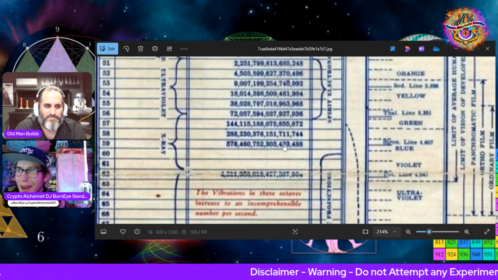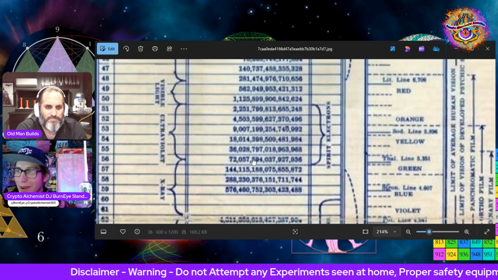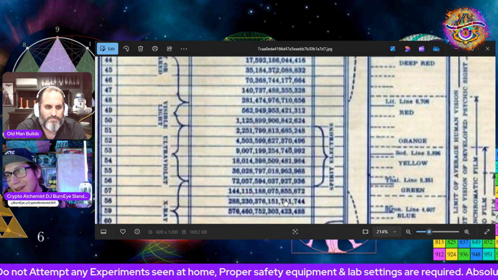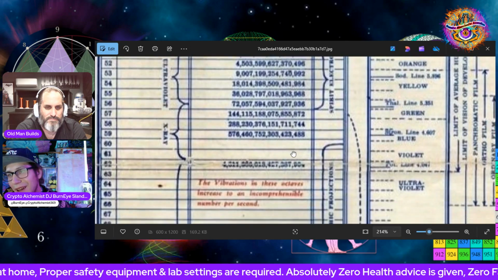But at a quadrillion, we're in the X-ray, right? That's vibrations per second, and terahertz, I believe, is trillion, right?